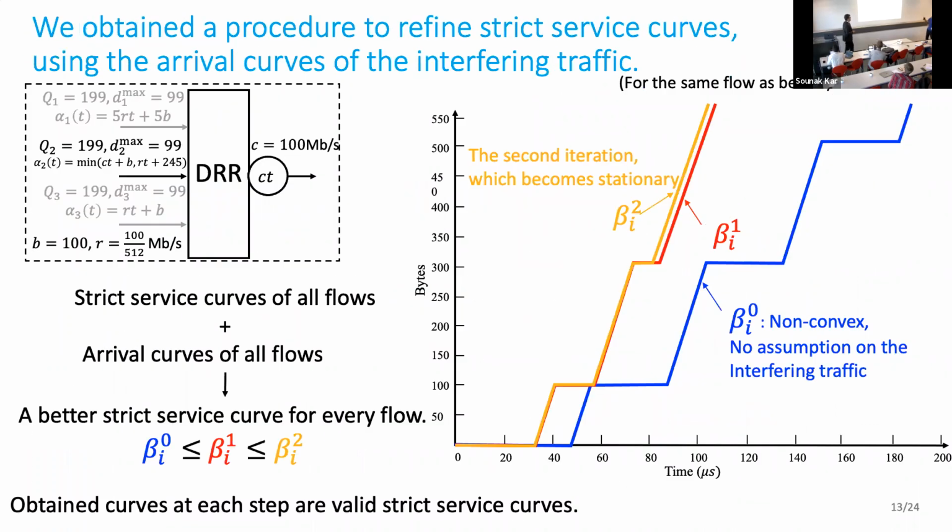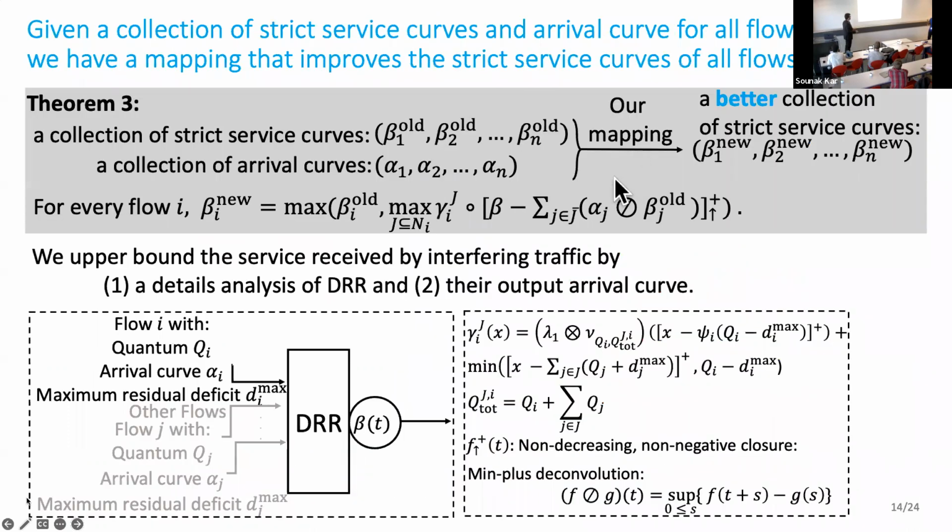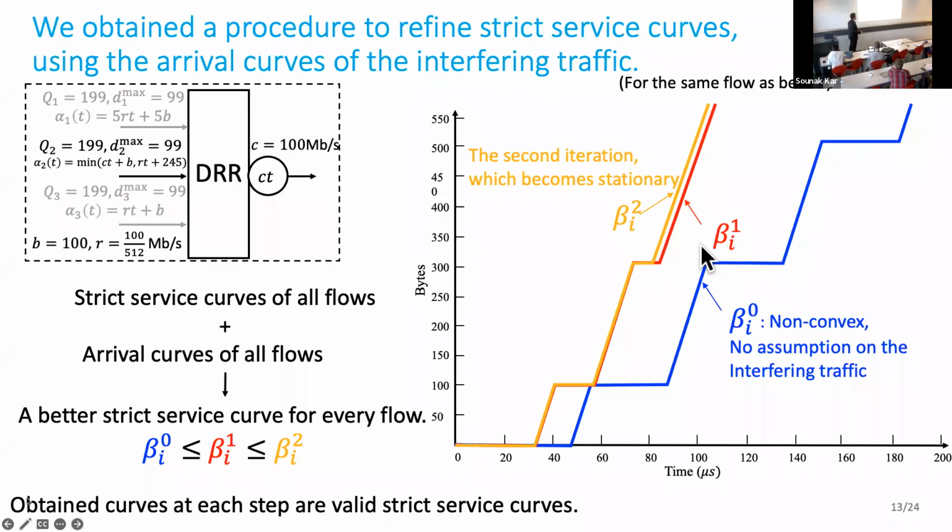I get how you go from the blue line to the red line, but what is the intuition that the second iteration improves on the first? The question is, why does obtaining a better strict service curve improve the result from iteration 1 to 2 and so on? I could explain it here.